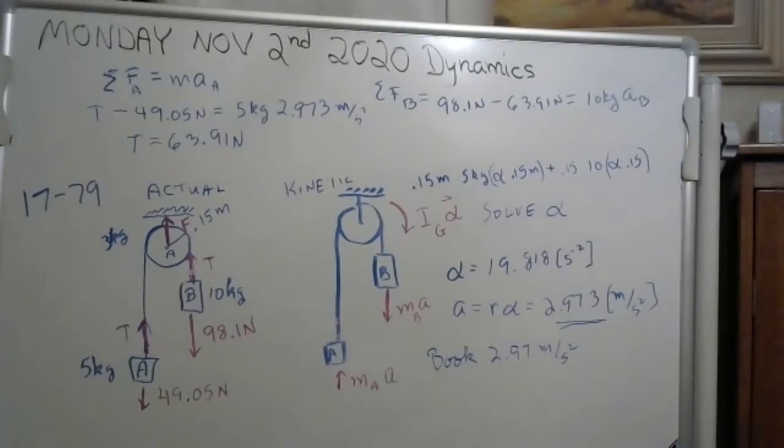Well, it didn't work. Something bad happened. Let me see what happened here. Let's see. We got 98.1 minus the tension equals the 10 times acceleration. Must have done something wrong. I wonder what I did wrong. I got this right.